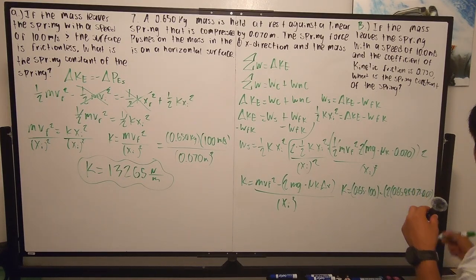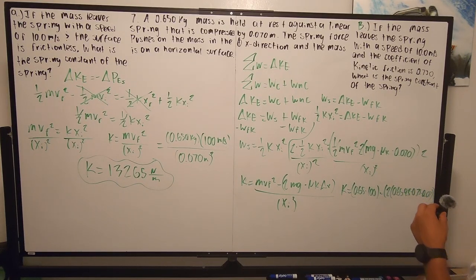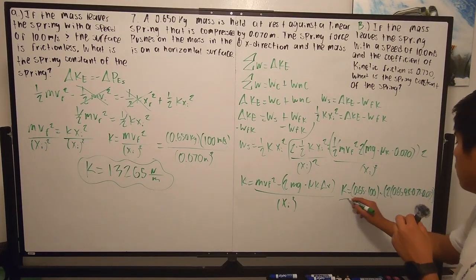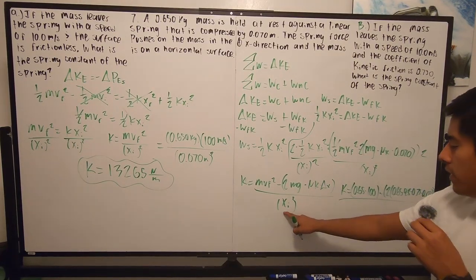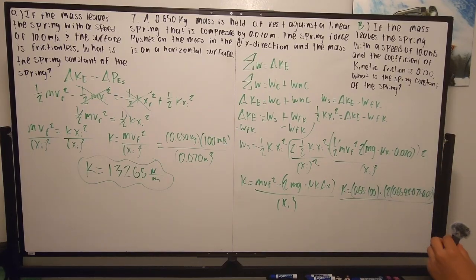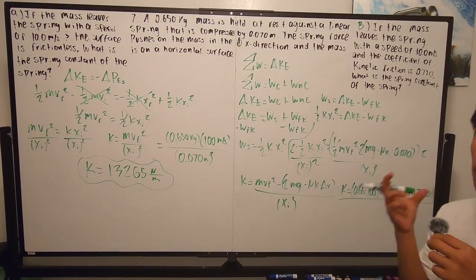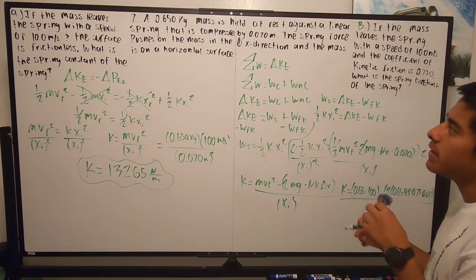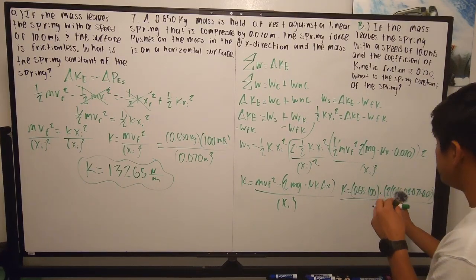That looks very messy, but yeah. All over the initial x, which is how much the spring was initially compressed by, which is that 0.07 meters.